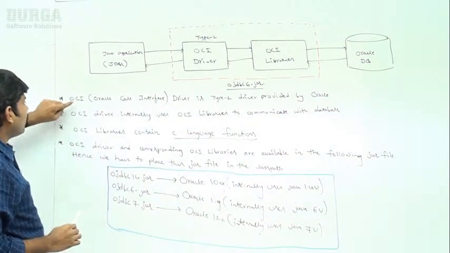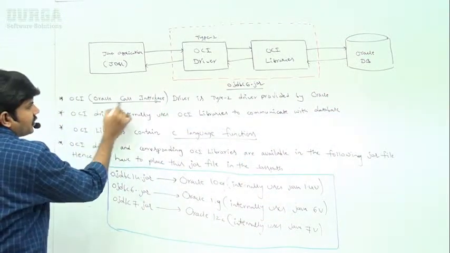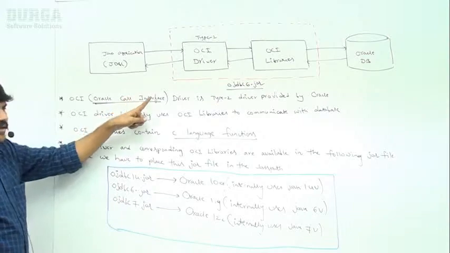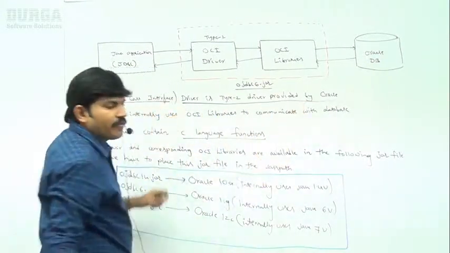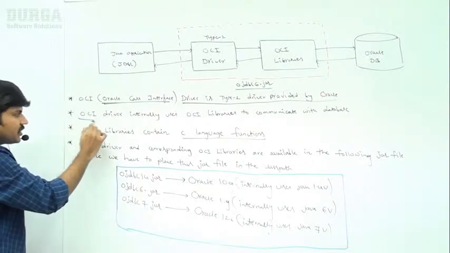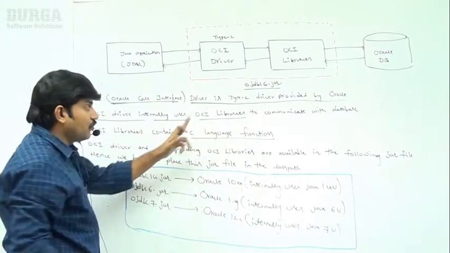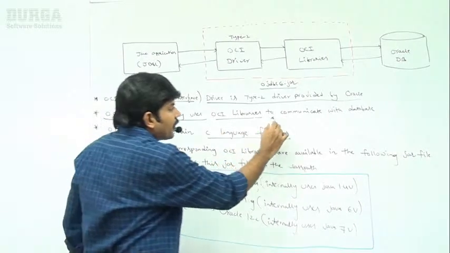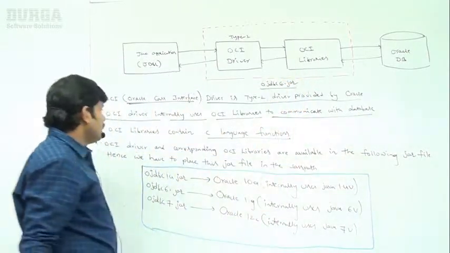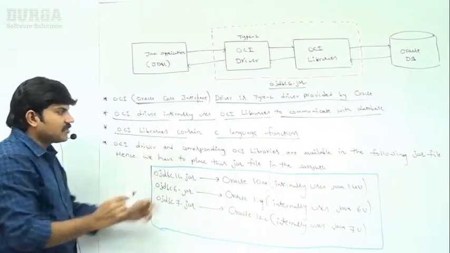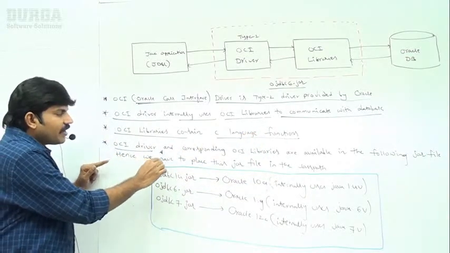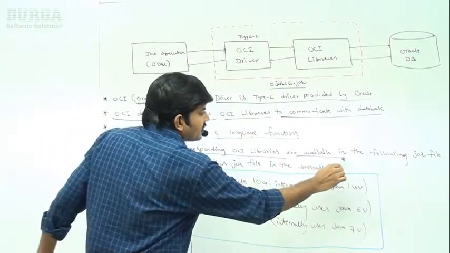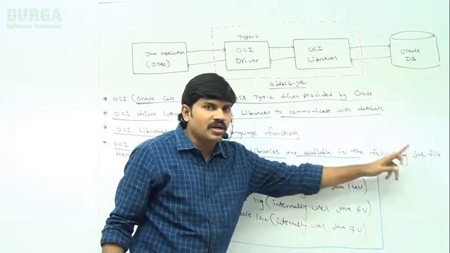Next, sir, OCI. What is the meaning of OCI, sir? Oracle Call Interface. Oracle Call Interface driver is a type 2 driver provided by Oracle. Next, OCI driver internally uses OCI libraries to communicate with the database. Next, OCI libraries contain C language functions. You know, right? Next, OCI driver and the corresponding OCI libraries are available in the following jar file.